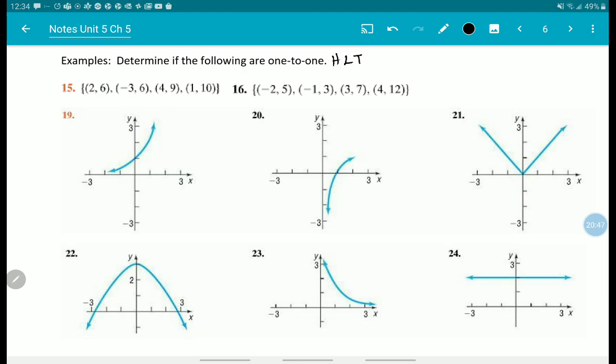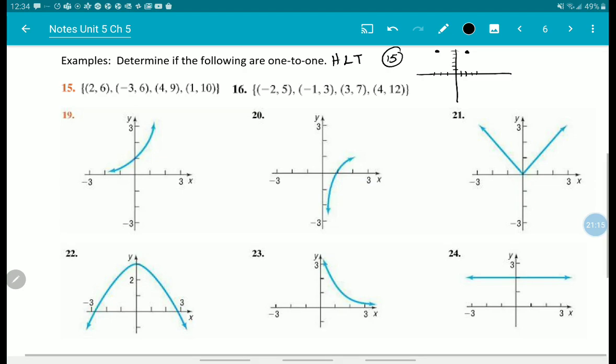If we were to look at these points, one-to-one, remember, means each y goes to only one x. So let's graph them. If you're not sure, you can always graph the points. So if we were to graph number 15, we have a point at 2, 6. At negative 3, 6. At 4, 9.